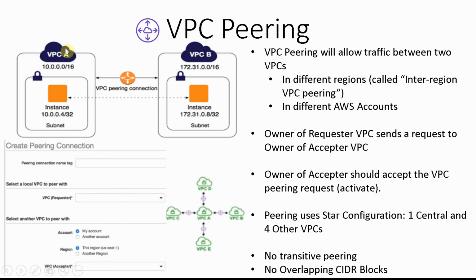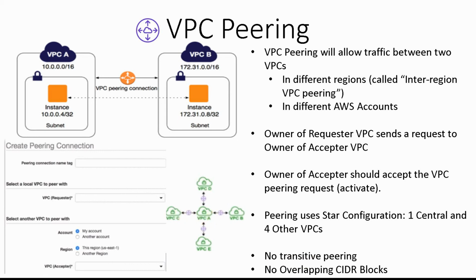So generally there will be a VPC A, or the owner of this one will send a request, and the owner of this other one will accept that request. So that way this connection is active. Then you can access from this to this and this to this. And again, we discussed a very important exam question, transitive peering, a very common question that can come. So generally, no transitive peering is allowed.